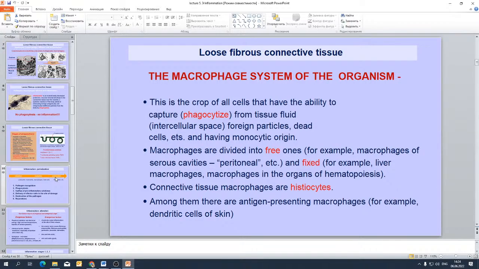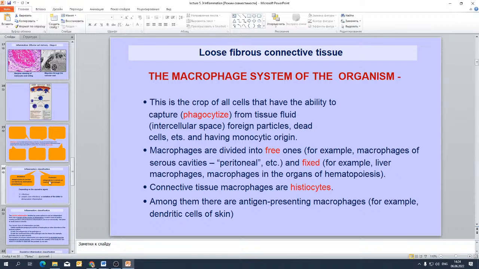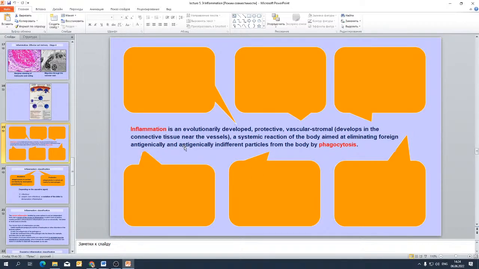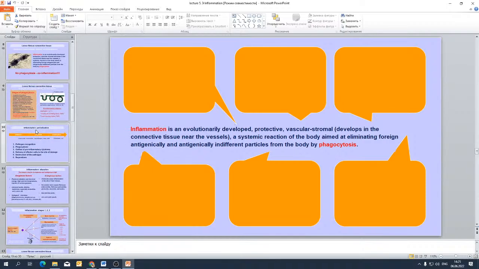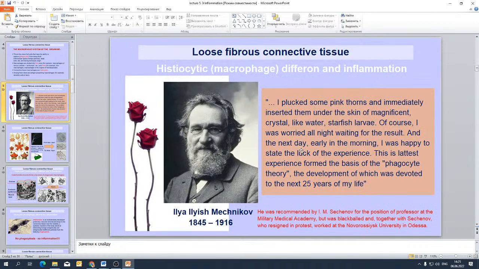Now I'm showing a picture. Now I have discussed phagocytosis. If you remember, the university where you study is named after Ilya Ilyich Mechnikov, the scientist who studied the basis of inflammation and immunity, and who won a Nobel Prize.